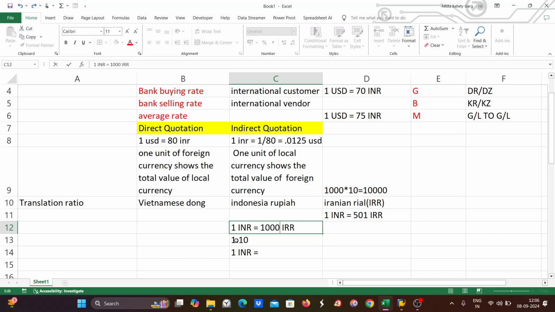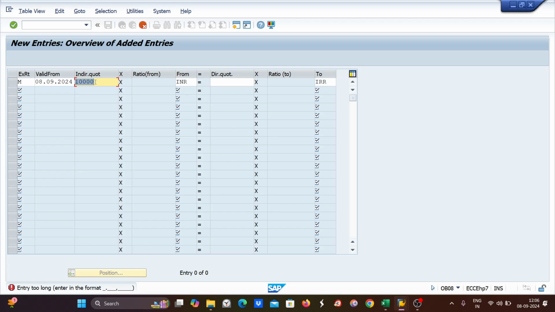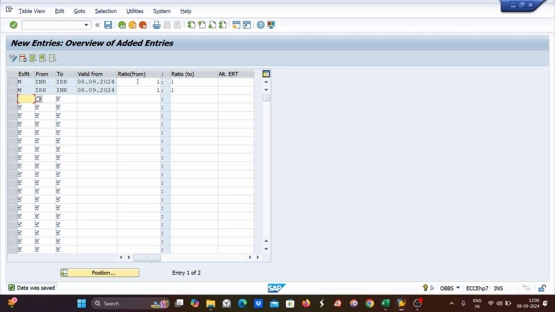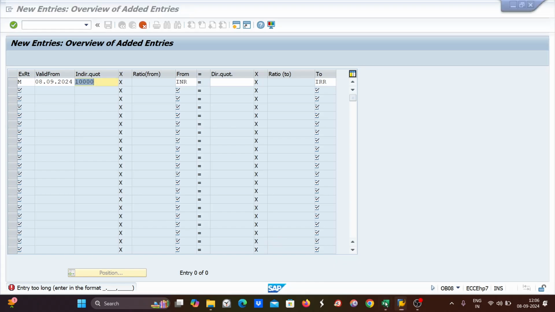This 1000 multiplied by 10 will be 10,000 IRR. So finally we got what we wanted, and by maintaining this translation ratio, we got this exchange rate. So here we will first change the translation ratio, INR to IRR. So IRR is supposed to be what?